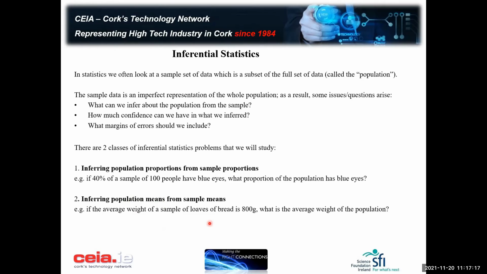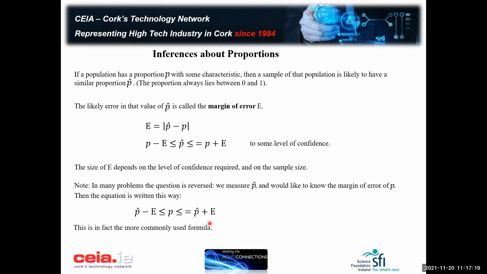Okay, and again, just recapping, for proportions, you want to have a margin of error that gives you a confidence interval that the population proportion P lies within a range plus or minus E, around the measured sample proportion P hat.